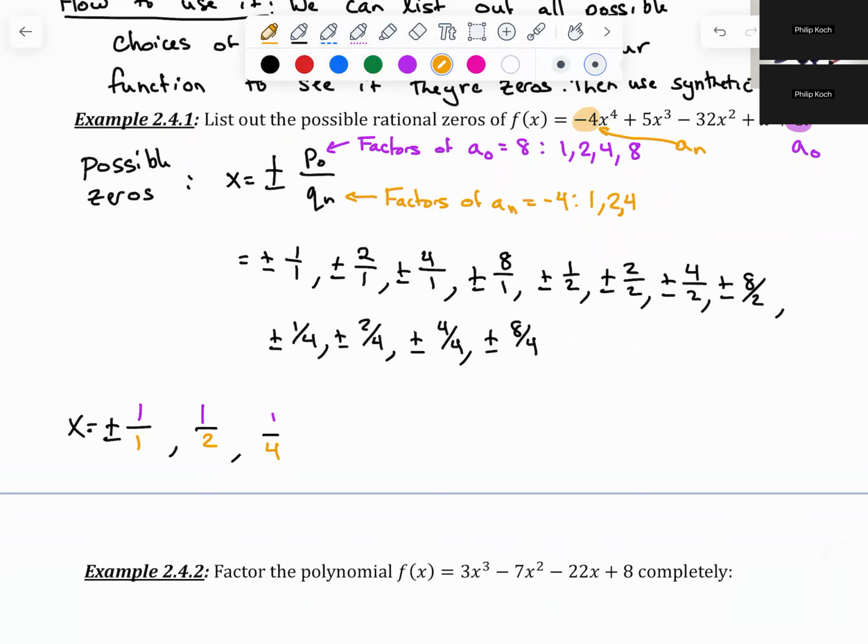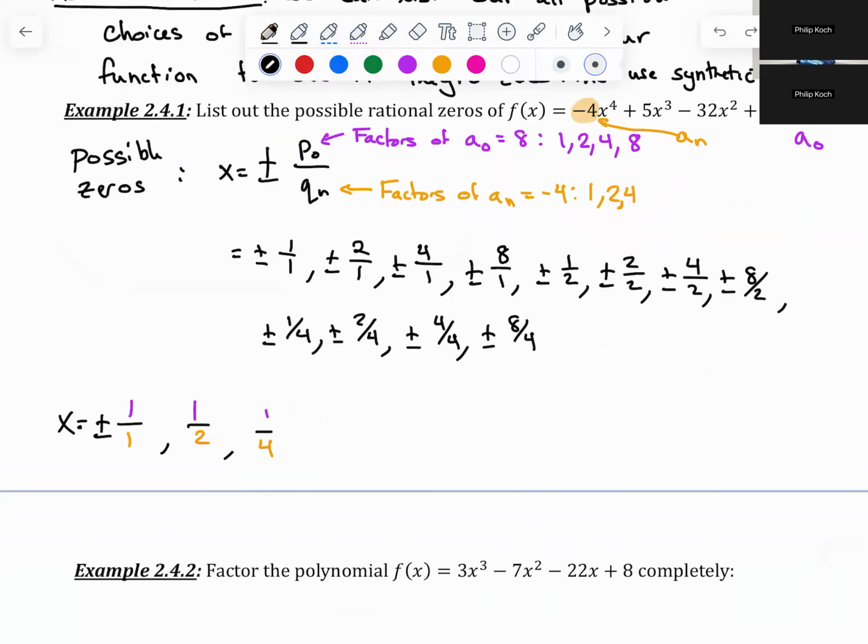Then we'll move on to 2 and go through all the different denominators, the 3 different denominators, 1, 2, and 4. So then I can do 2 over 1, 2 over 2, 2 over 4. And then I do it again with 1, 2, and 4.